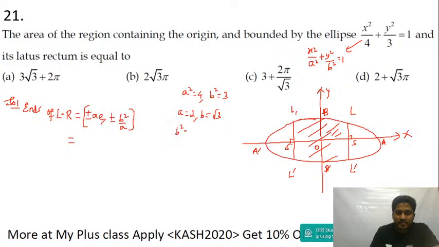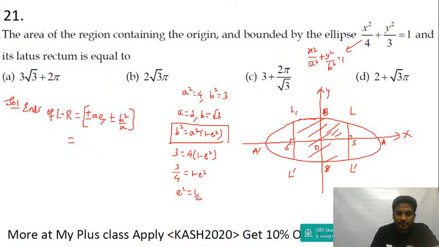B square is equal to a square into 1 minus e square. From this I'll get the eccentricity. Now b square is equal to 3, a square is equal to 4 into 1 minus e square. I get 3 upon 4 is equal to 1 minus e square, so e square is equal to 1 by 4. So e is equal to half.